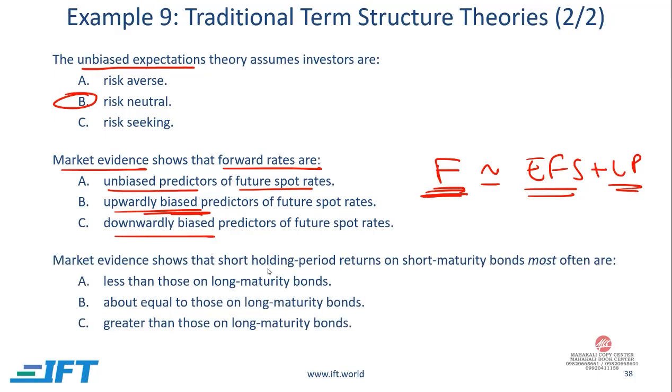Market evidence shows that short holding period returns on short maturity bonds often are less than those on long maturity, about equal to those on long maturity, and greater than those on long maturity. So here we are being asked about market evidence, not about a particular theory.